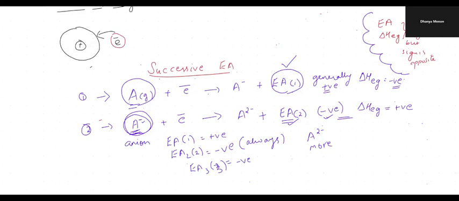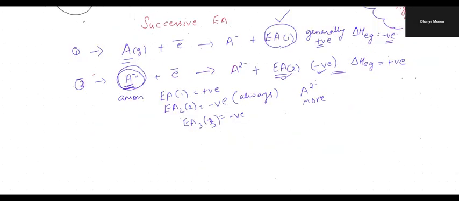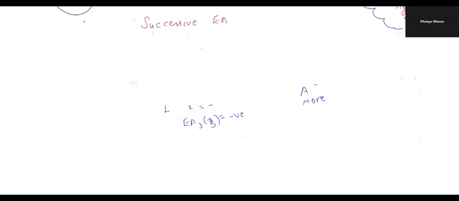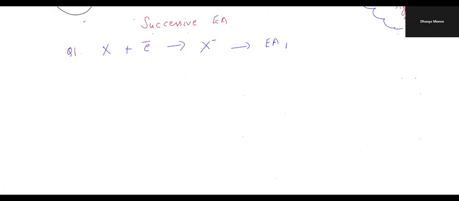Now, coming to a question. If I have an atom X gaining an electron to get an ion X minus, that is electron affinity 1, and the value is maybe 10 electron volt.